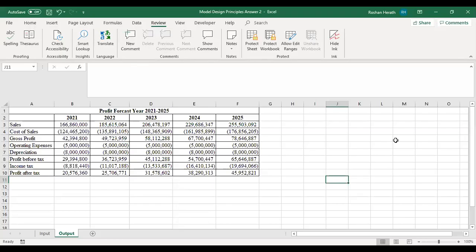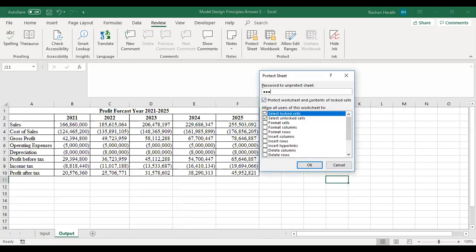It is quite easy compared to the first one we did. When you are going to protect the sheet, in this case obviously you need to protect the output. Then you can go to Review, where the Protect Sheet option is.